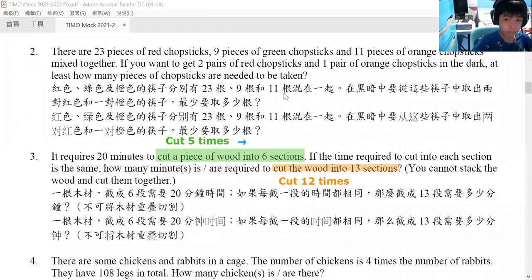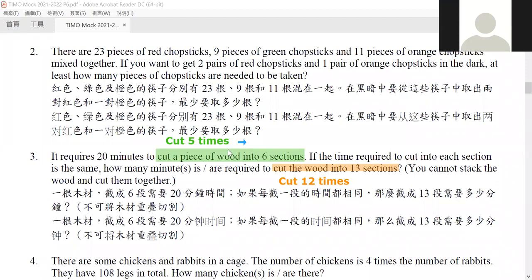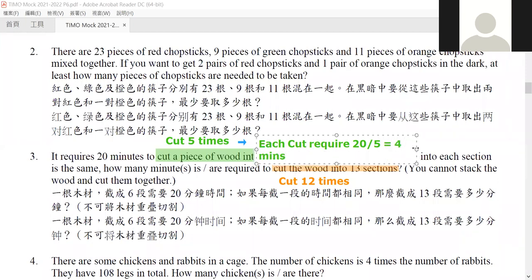Okay. So now let's go back to the first part of this question, because you cut it 5 times. How many minutes do you spend? You spend 20 minutes. So each cut requires 20 divided by 5, and hence it will be 4 minutes. So we know that each time you cut, you spend 4 minutes.